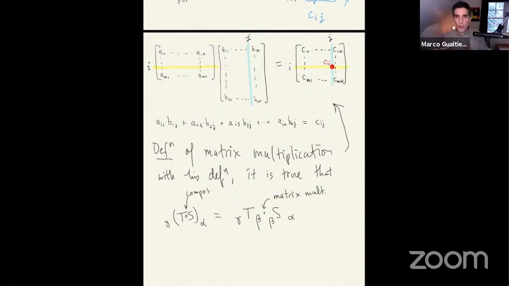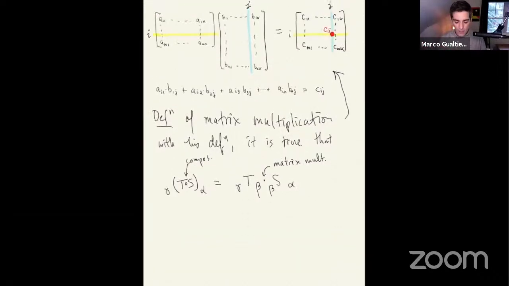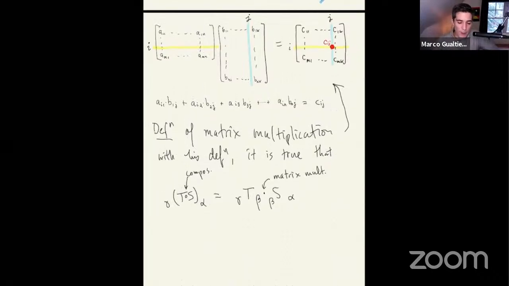So composition of linear maps corresponds exactly to matrix multiplication. And that's the kind of importance of matrix multiplication.